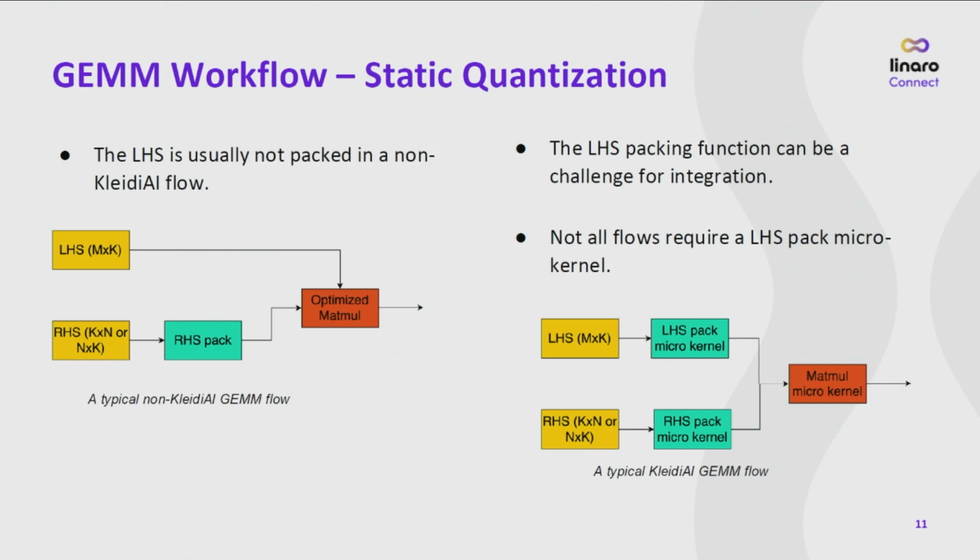It's very common in the optimization world that your right-hand side is packed. The packing, we'll get into the details a bit later. And you have your optimized implementation. That's straightforward. Your framework might do that. But some microkernels in KleidiAI require packing for the left-hand side as well.